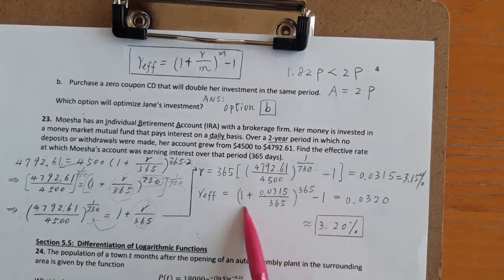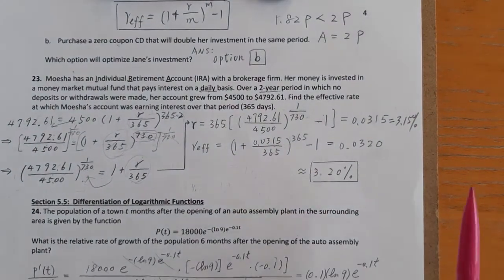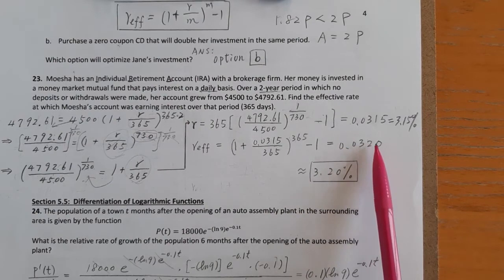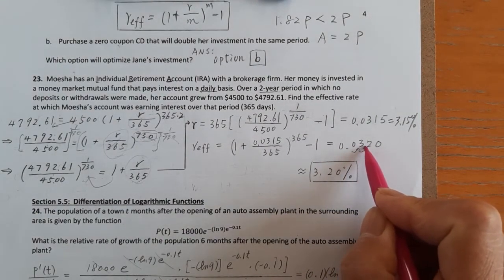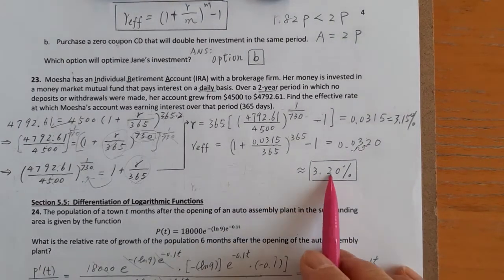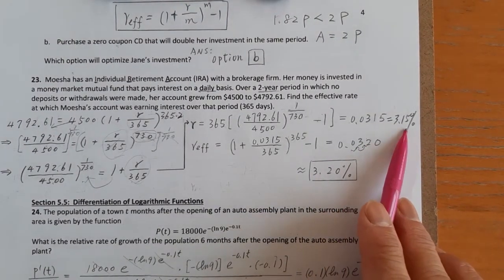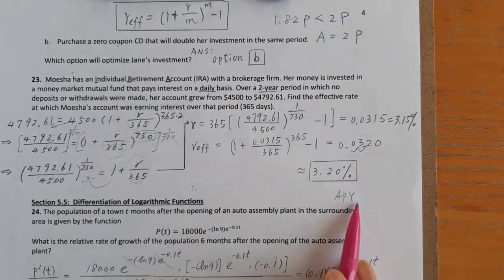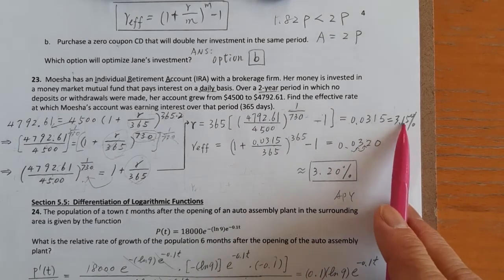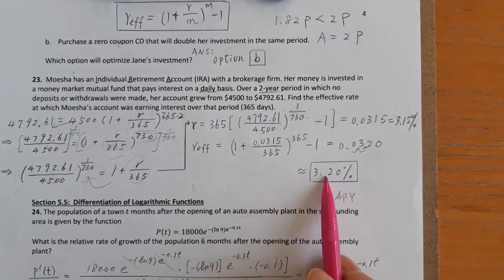Using a calculator, you figure out it's 0.0320. Change to percent by moving the decimal point 2 positions to the right: 3.20%. So the annual percentage yield, APY, which we call the effective rate, is higher than 3.15%, it is 3.20%.